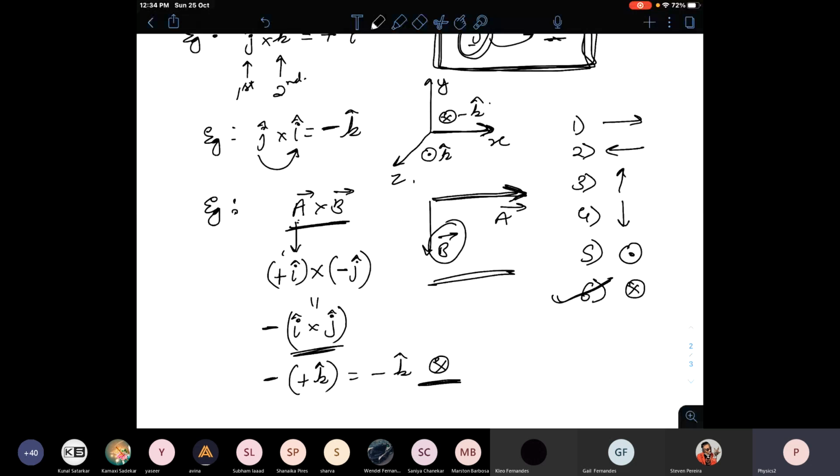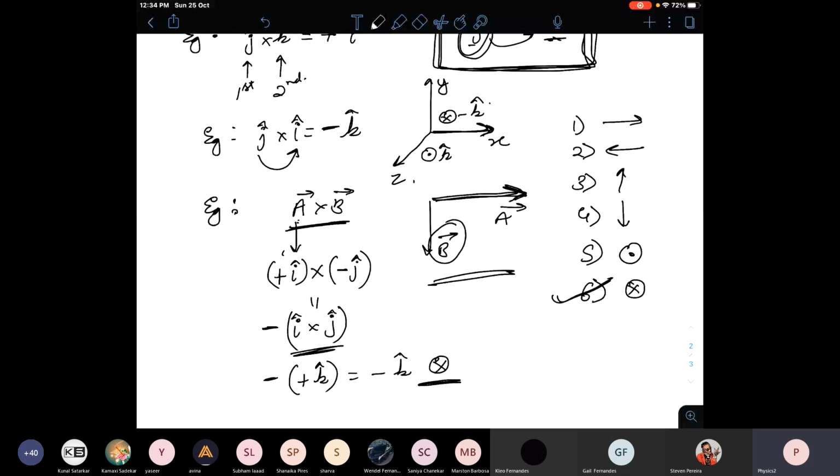Okay, the way you multiply 5 into 4, that is 20, that is normal multiplication. Minus 5 into 4 is minus 20, that is normal multiplication. So scalars are multiplied normally, but dot and cross are used only for vectors. Their magnitudes have no dot product or cross product, they have just simple multiplication.